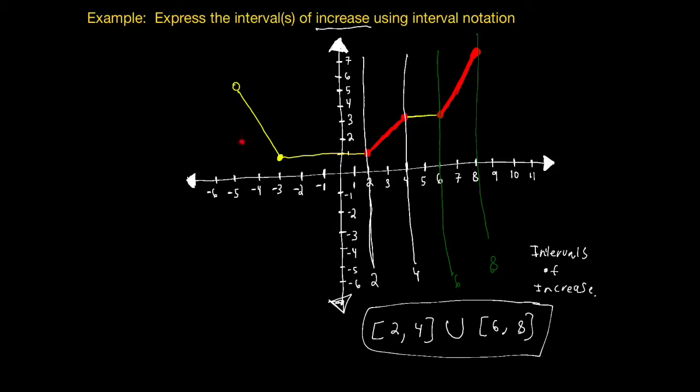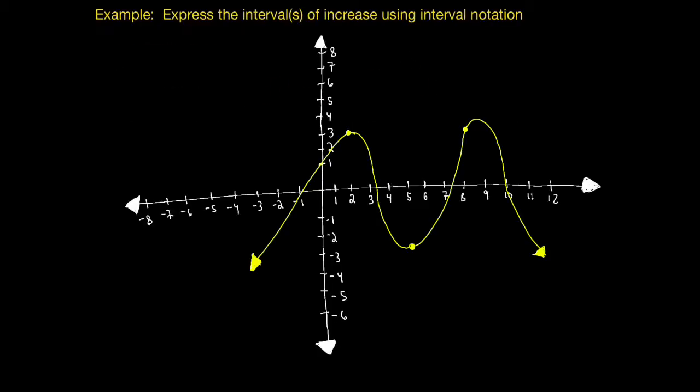Now the same principles apply to graphs where you have the endpoints going towards infinity. So for example, let's check this one out. Again, we begin by scanning our graph from left to right, and we want to capture all of the upward movements.